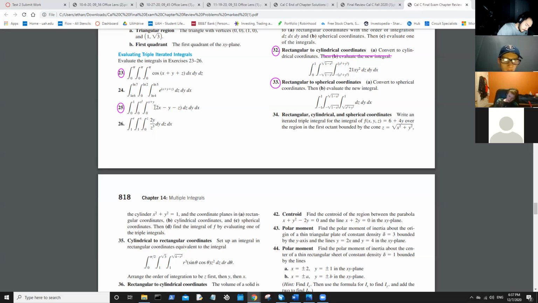And as always, we're going to treat everything else as a constant and only integrate. Okay, so then we're getting the integral of cosine as sine.